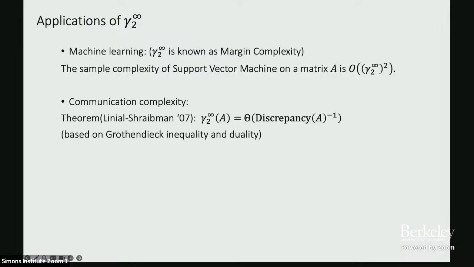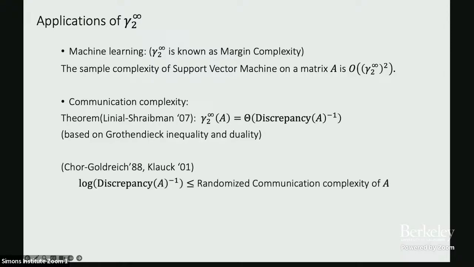Because of this connection, it's highly relevant in communication complexity. In fact, the log of this gamma 2 infinity norm is a lower bound on randomized communication complexity, in fact one of the strongest lower bounds we know. And in the constant regime, it becomes an equivalent notion with randomized communication.